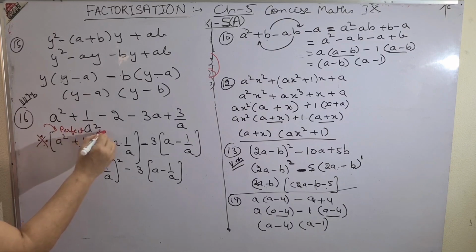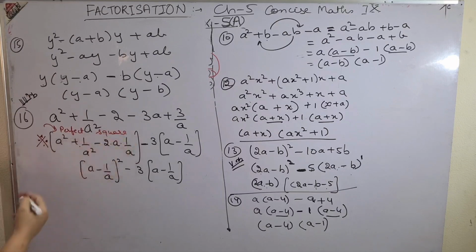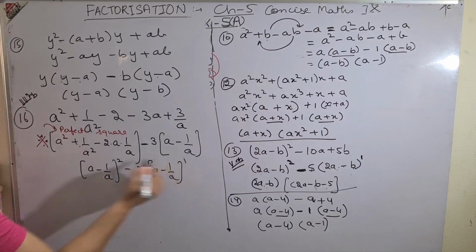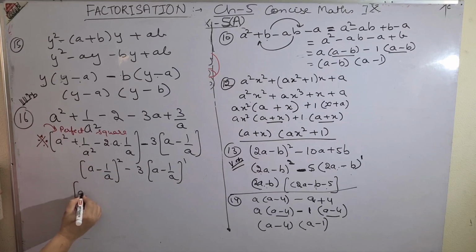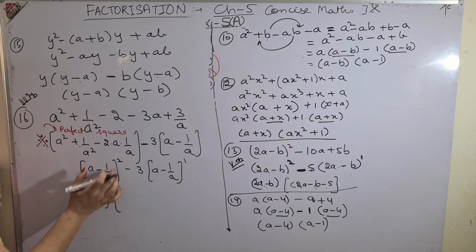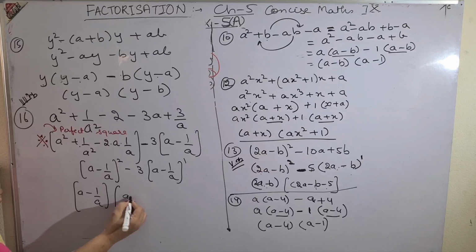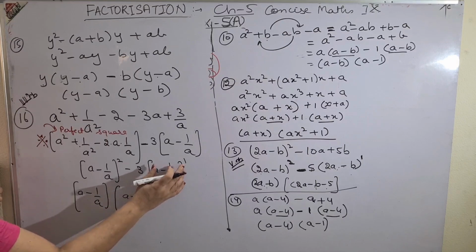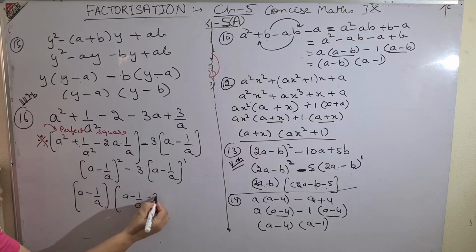Perfect square means the formula (a minus b) whole square. So I am left with (a minus 1 over a) whole square, and this is 1. I will take one of them common. A minus 1 over a I took common. From the first term I took one of them common, so I am left with a minus 1 over a. In the second term the full I take out common, so I am left with only 3.